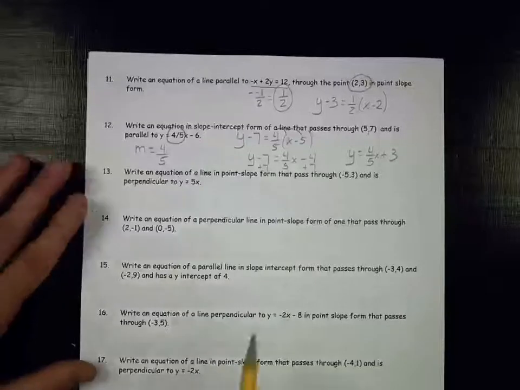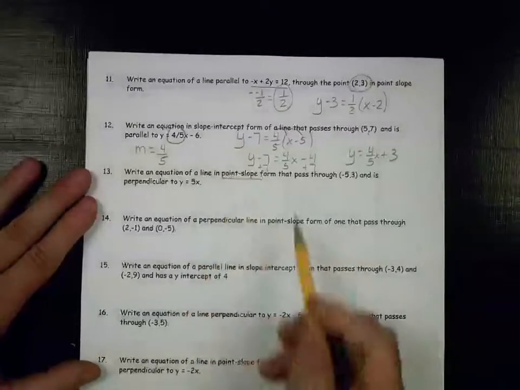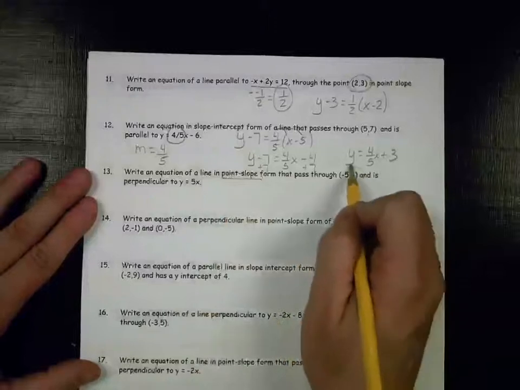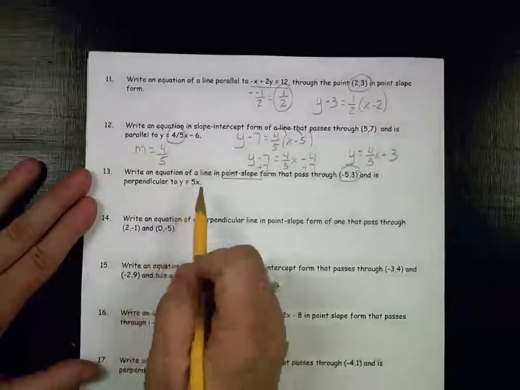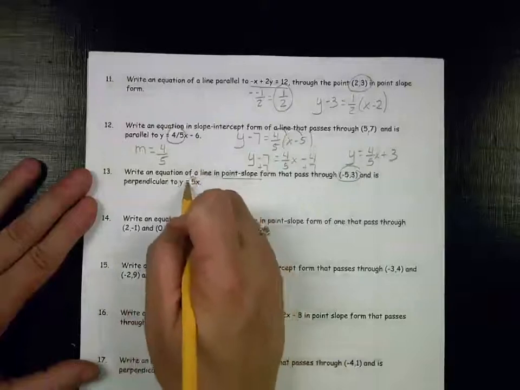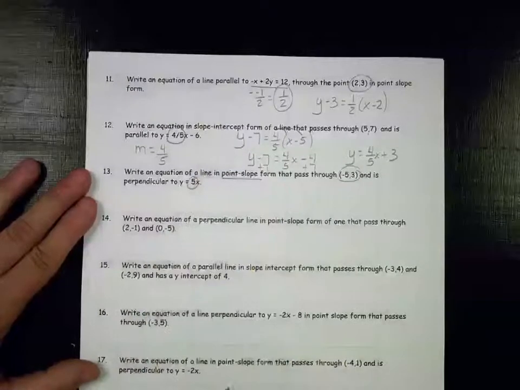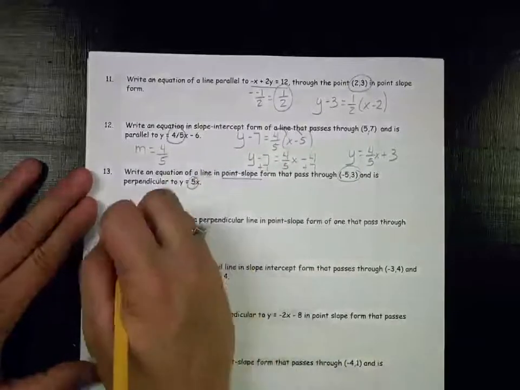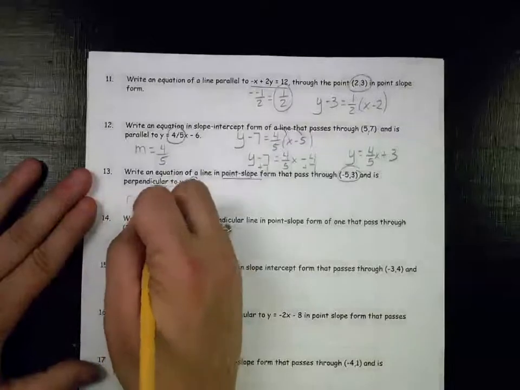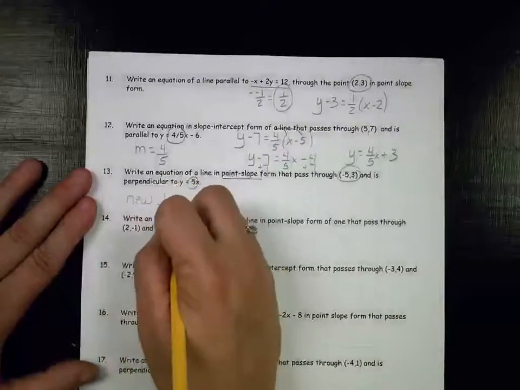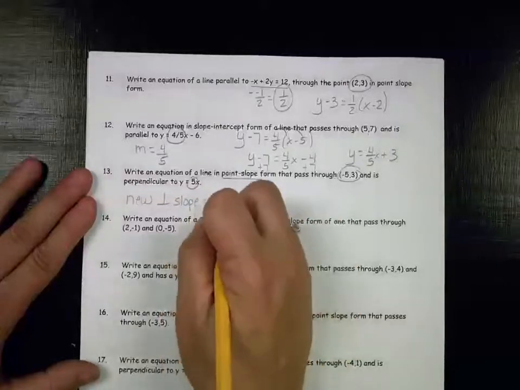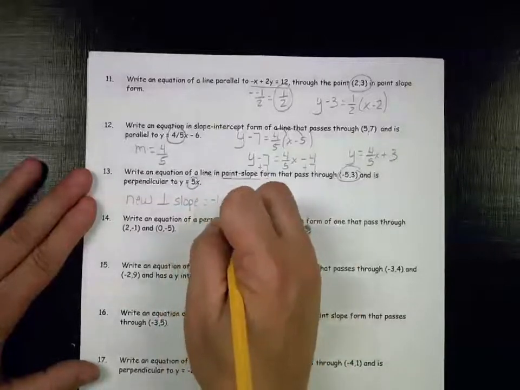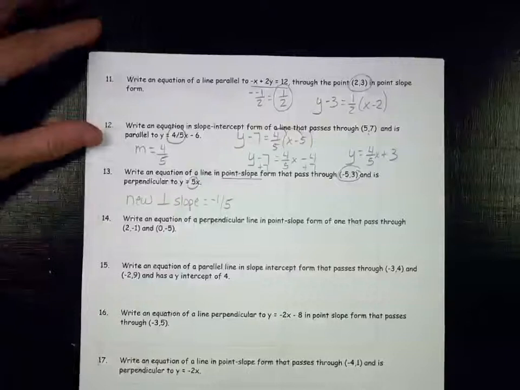Number 13, we want point slope form. We have one point perpendicular to y equals 5x. This is our slope right here. So our new perpendicular slope will be the negative reciprocal, that will be negative 1/5.